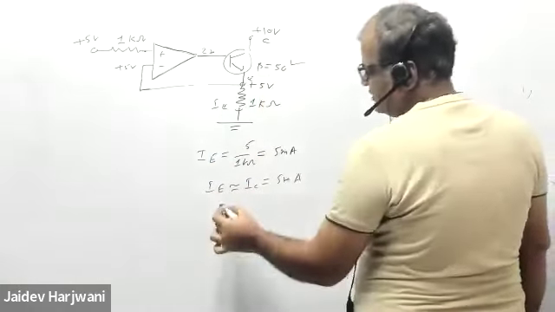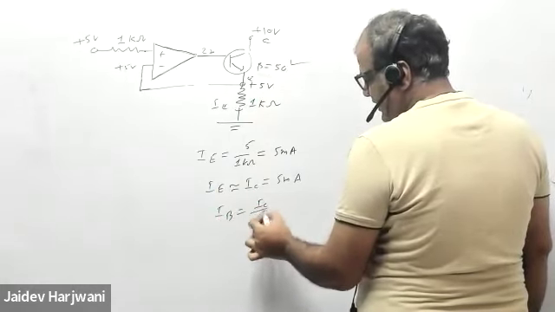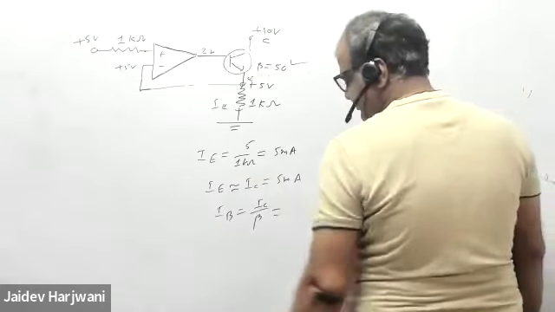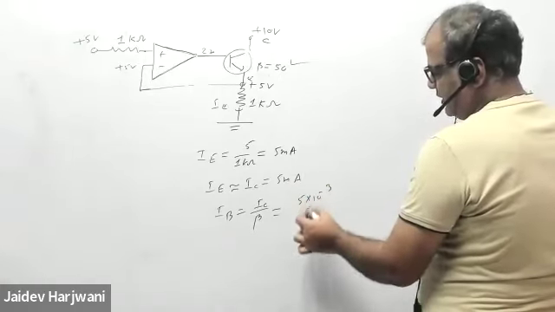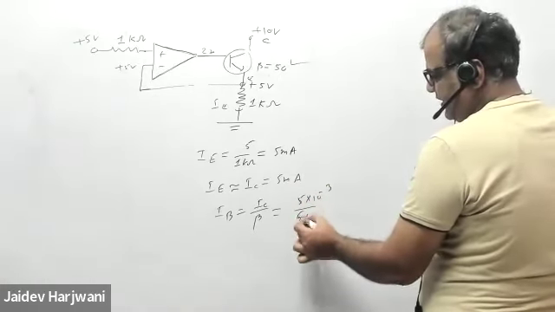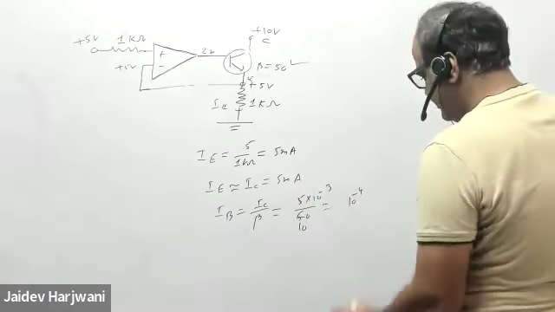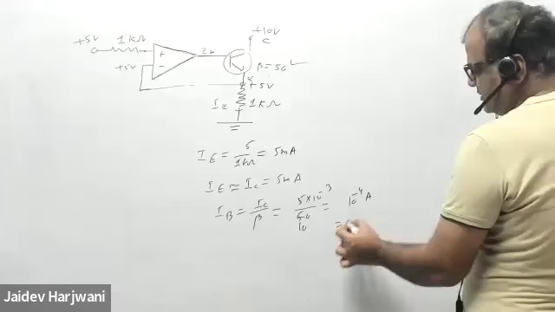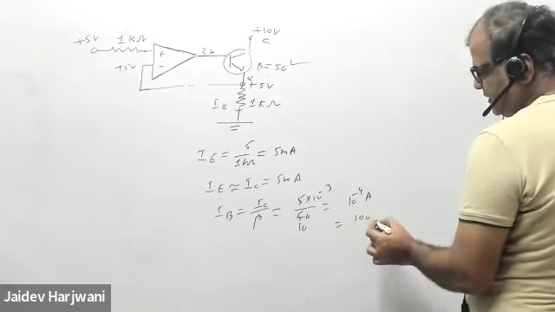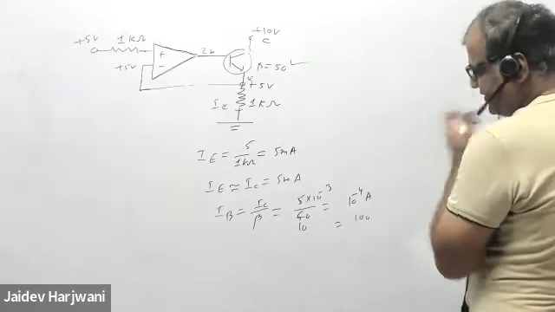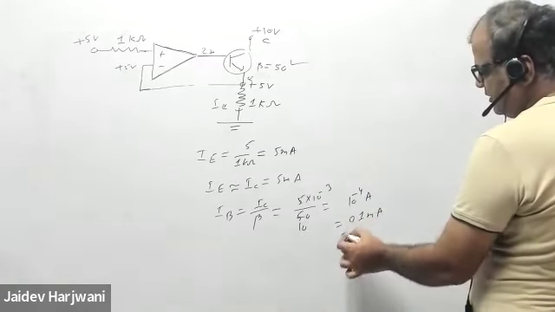Now beta is given, so I can find the base current. Base current is IC by beta. So 5 milliamps divided by 50 is 1 by 10, 10 raised to power minus 4 ampere, or 0.1 milliampere.